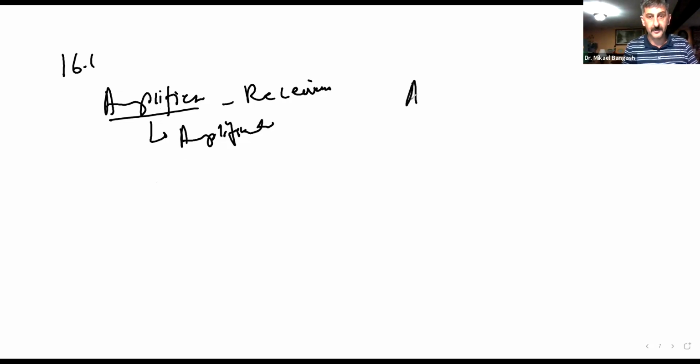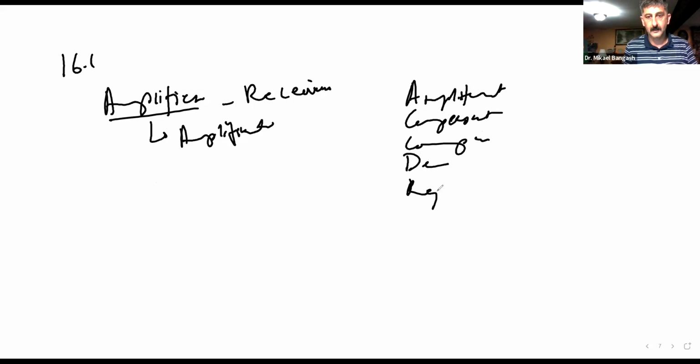Because you remember from chapter 14, the first function of your receiver was amplification, followed by compensation, followed by compression, followed by demodulation, followed by reject.